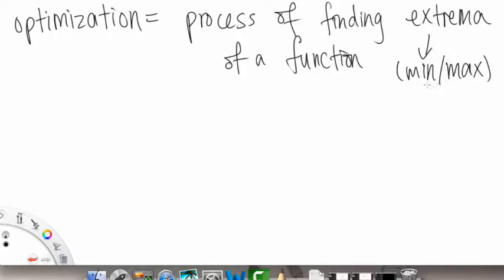Minimum being the lowest point on a graph over a certain domain, and maximum being the highest point within some range of your x or y coordinates. There is a difference between local extrema versus global extrema.